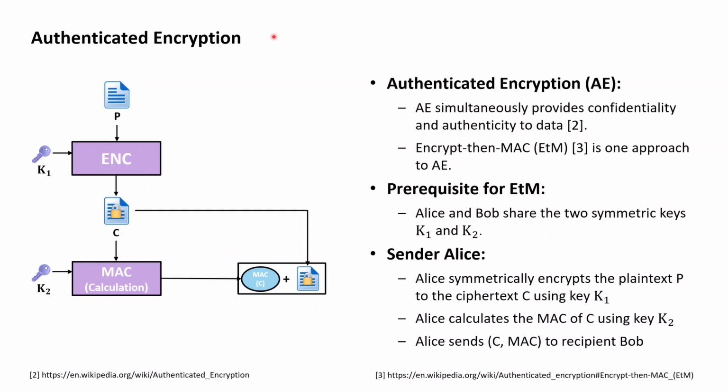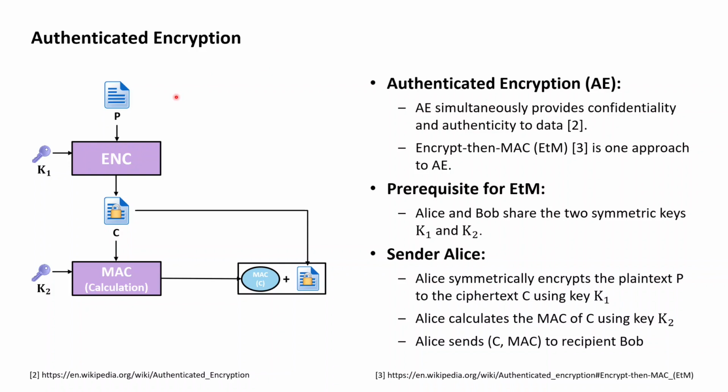Authenticated encryption, as a second cryptographic concept to provide authenticity to information, is a concept that simultaneously provides authenticity as well as confidentiality to data. What is shown here on the left of this slide is the flowchart for a system known as Encrypt-then-MAC.